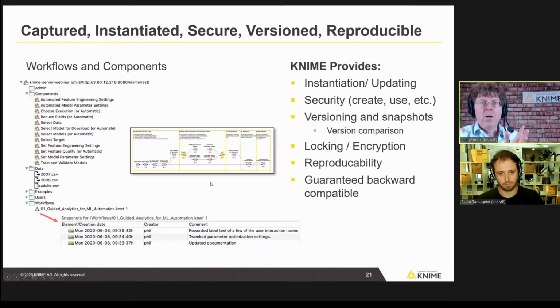A couple of things I'll mention, though. Jim mentioned this already when he was talking about server. We can capture, we can instantiate, we can secure, we can version, and there's lots of things going on in this area to help you as a DS team leader, of a team that's either physical or virtual, to make sure that you can leverage as much as you can.